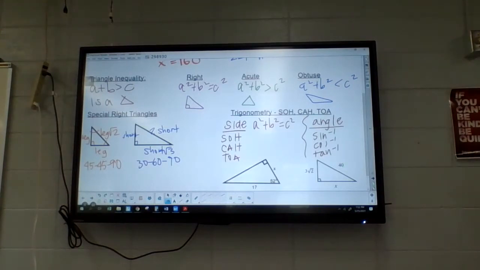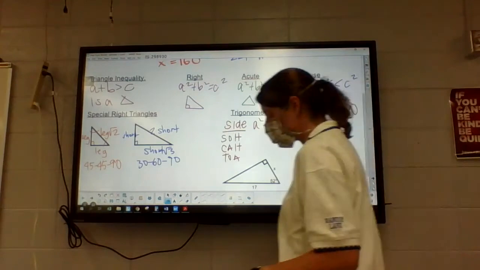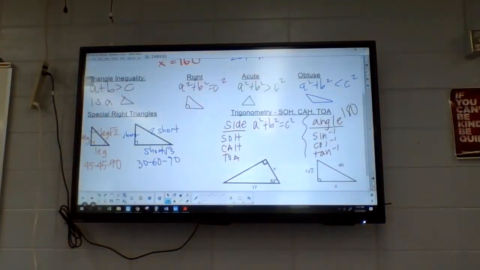Or you can also use the fact that the angles add up to 180. So we're going to do trig for these 2 examples here.